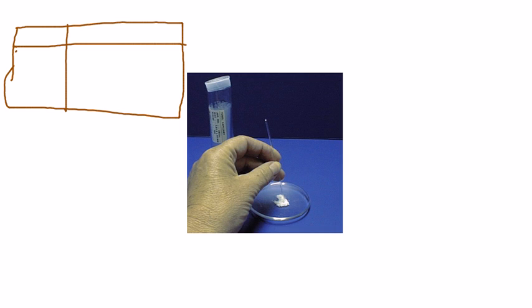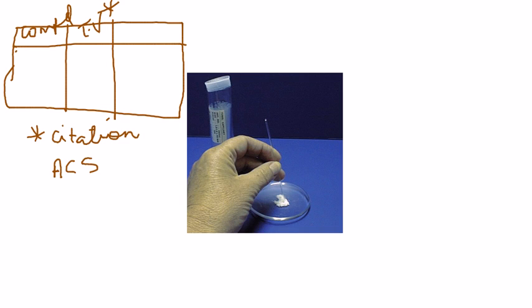Now, let's see what we are going to do. You will prepare your sample. You will have your observation table, which I'm giving you right now. The first column should say compound. The second column should say true value. If you're giving me a true value, you must cite it.